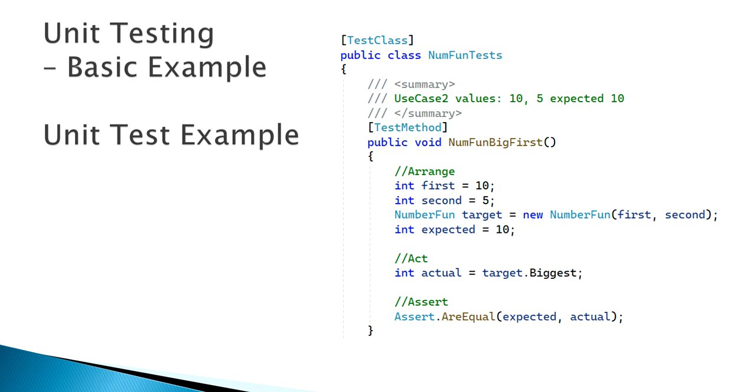Now, it's true, you could use fewer lines of code here. As we instantiate our number fun object and pass the values, I could just hard code the values there. I could just put in brackets 10, 5, right? You're doing it with variables defined and instantiated values here. It's a good practice.